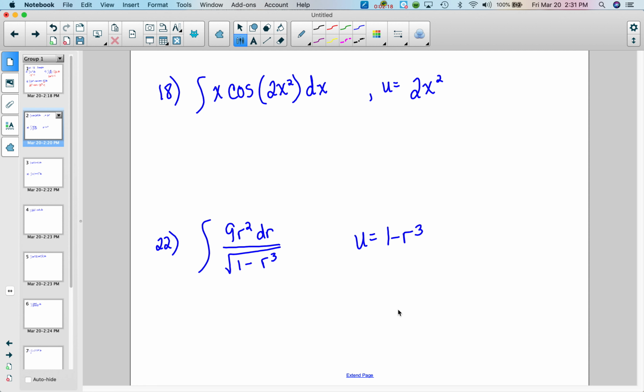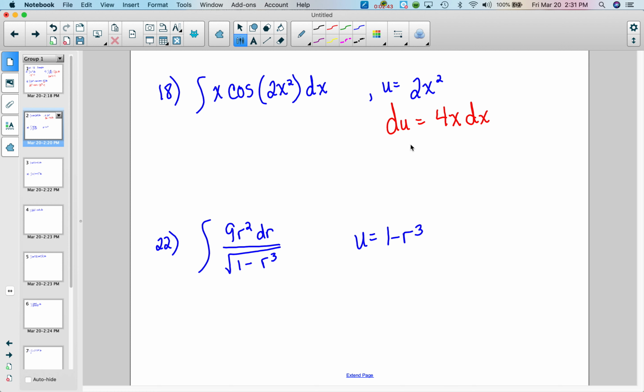All right, skipping ahead to number 18, you are doing the u substitution, and in this center section, they tell you what to use for u. So if u equals 2x squared, then du equals 4x dx. And then you look over here, and you don't have a 4x dx, you have an x dx.